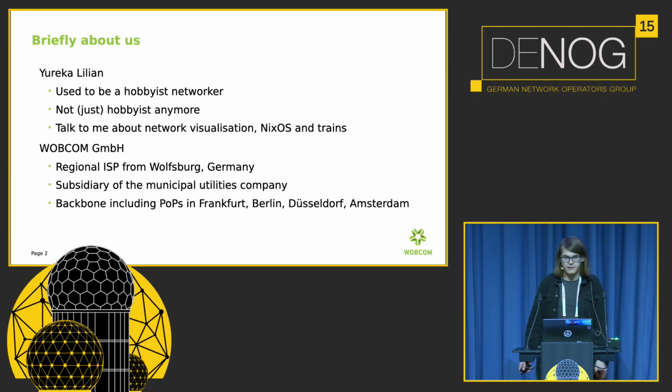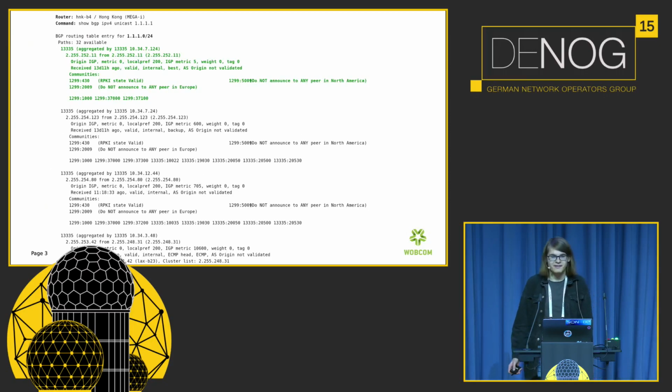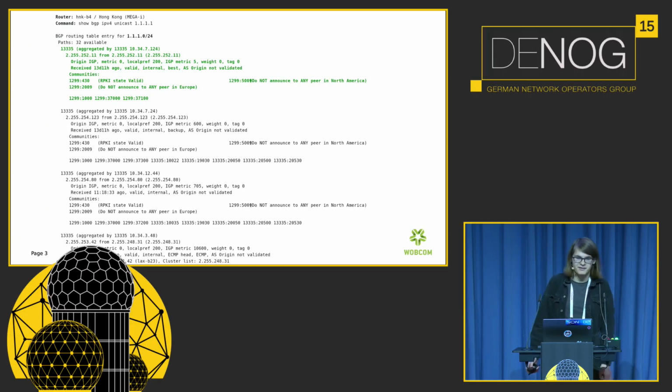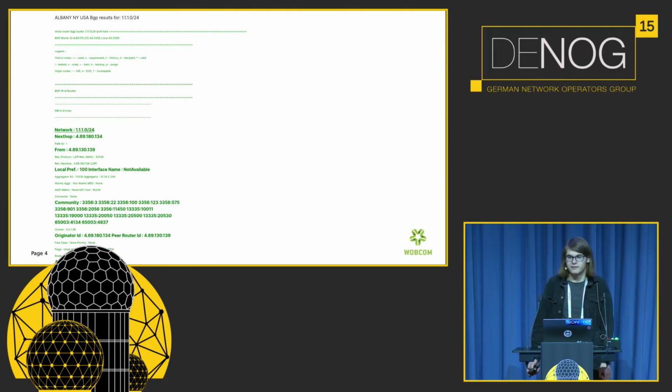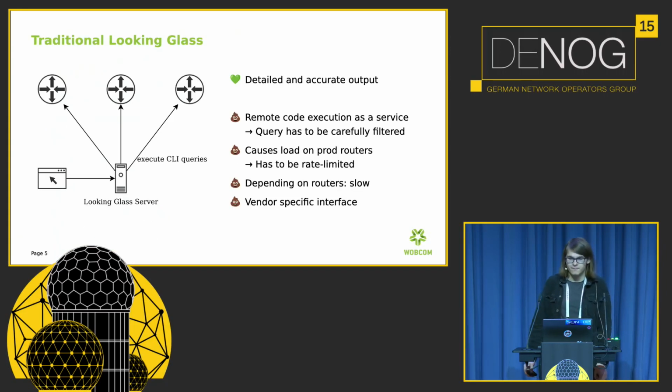So you probably know these kinds of looking glasses that just spit a whole wall of text at you, and possibly you even need to solve a CAPTCHA before you're allowed to enter a query. How these traditional looking glasses work is that you are basically directly executing CLI queries on the routers.